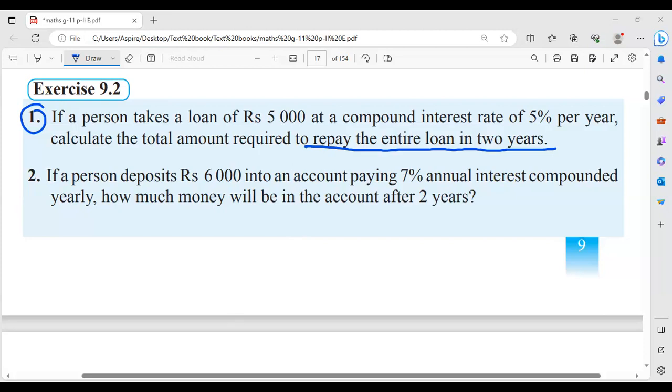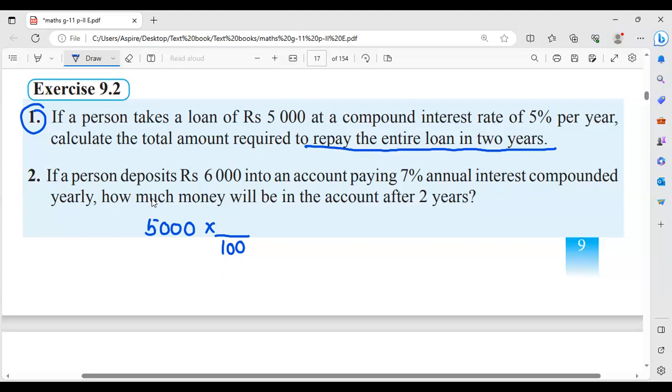Okay, when we calculate this one, what do we have to write? We have to write the loan amount. First of all, we write the loan amount. Then after, we have to calculate the loan amount that we have to pay at the end of 2 years, sorry, at the end of 1 year.